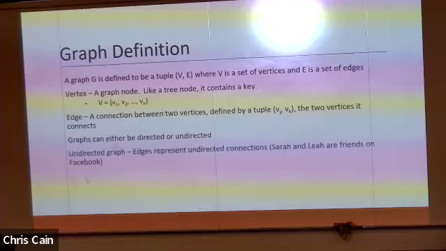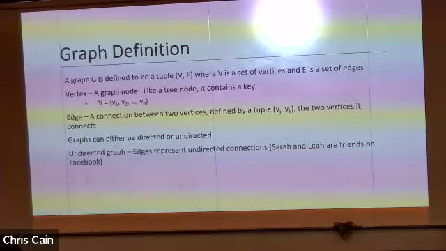An undirected graph just says edges are undirected connections. If you are friends on Facebook, that's not really a directional relationship. You both agree that you are friends with each other, therefore you are friends with each other. There's no outgoing component and ingoing component to that relationship.